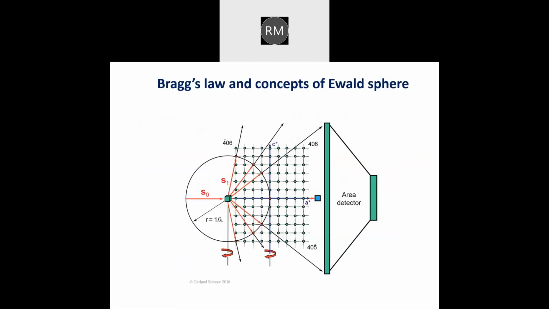As I told you, this diffraction pattern is nothing but lattice points which you are projecting on the detector. As a result, you are getting the diffraction pattern like this.